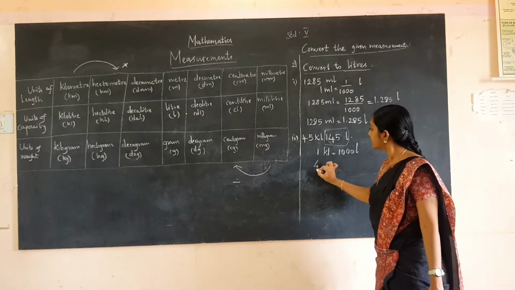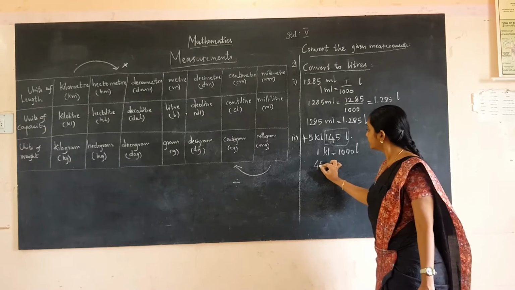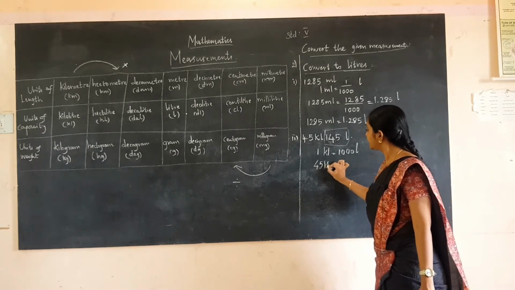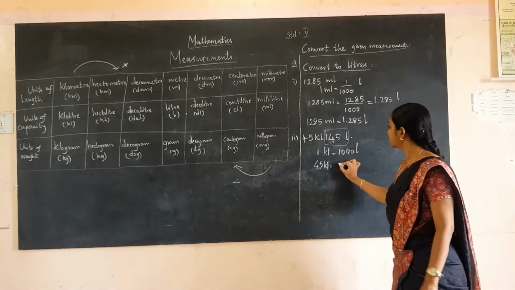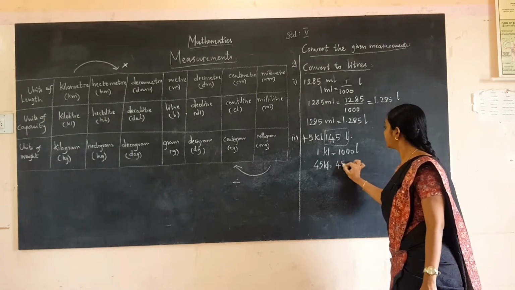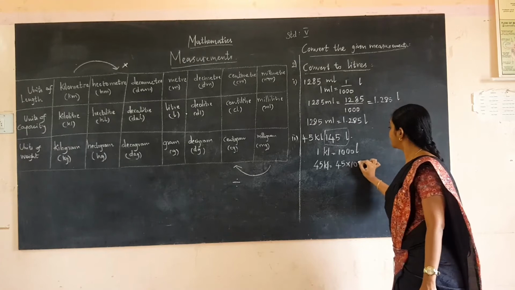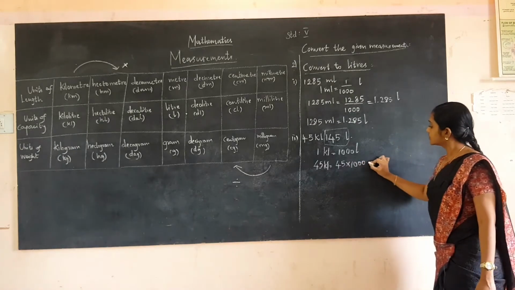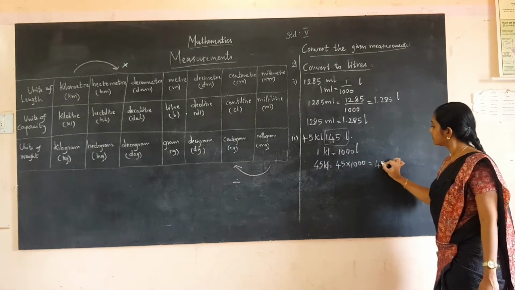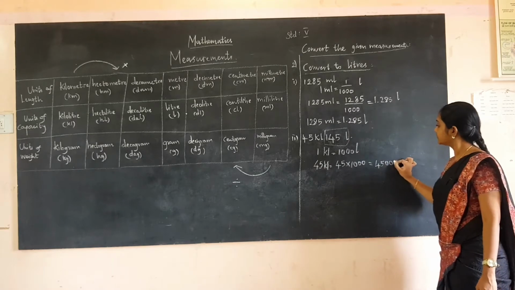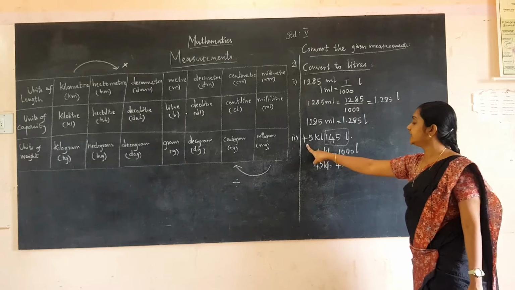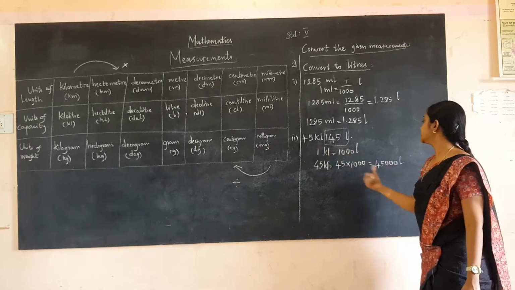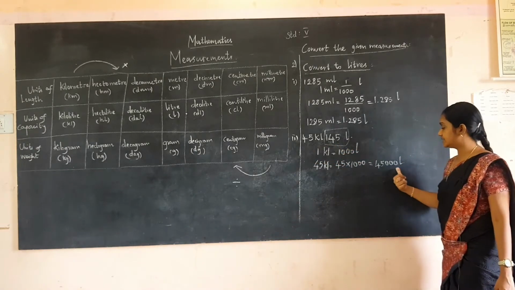Then for 45 kiloliter, we have to multiply 45 by 1000. So, the answer is 45,000 liter.